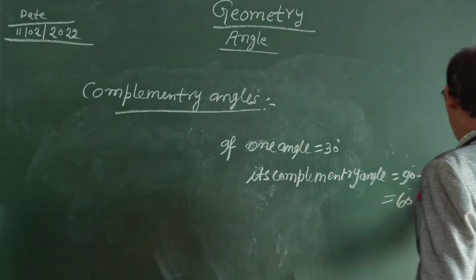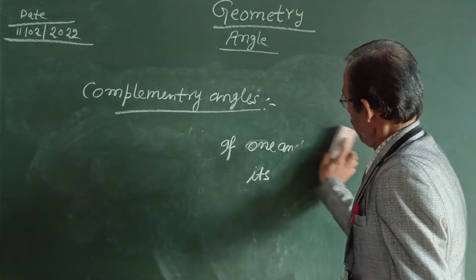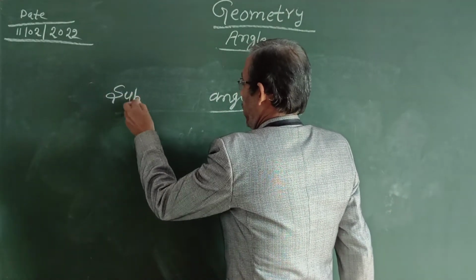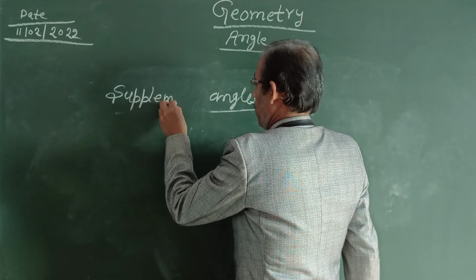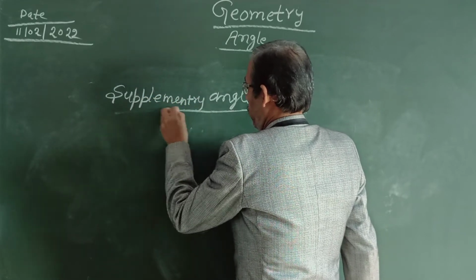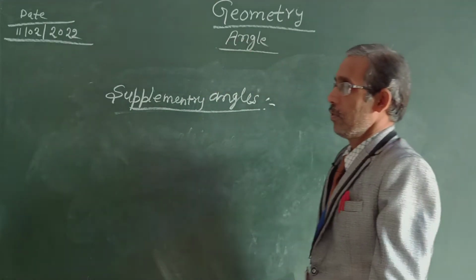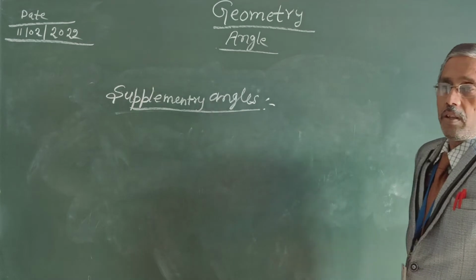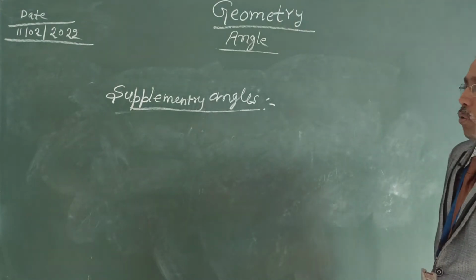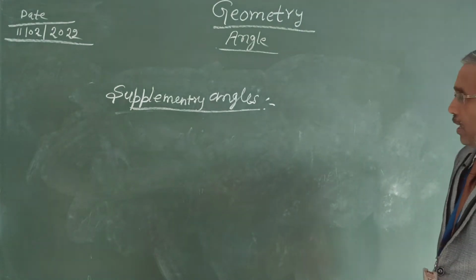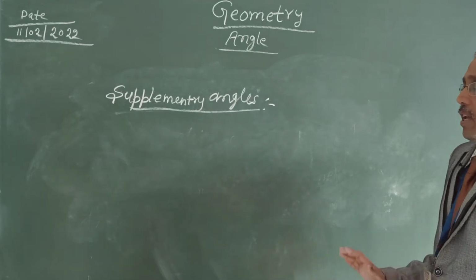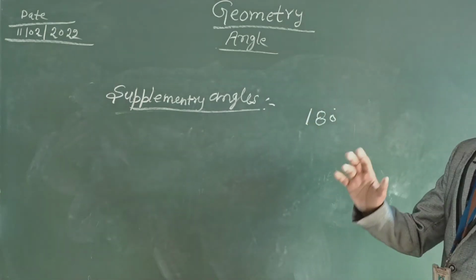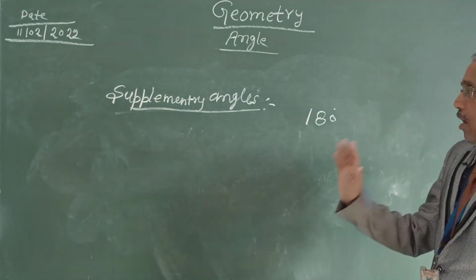Now, next part, supplementary angle. If sum of two angles is supplementary, means if sum of two angles is 180 degree, then two angles are called pair of supplementary angles.